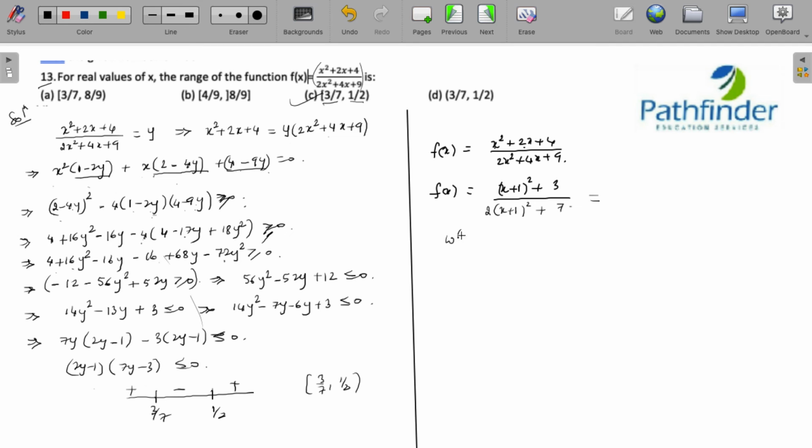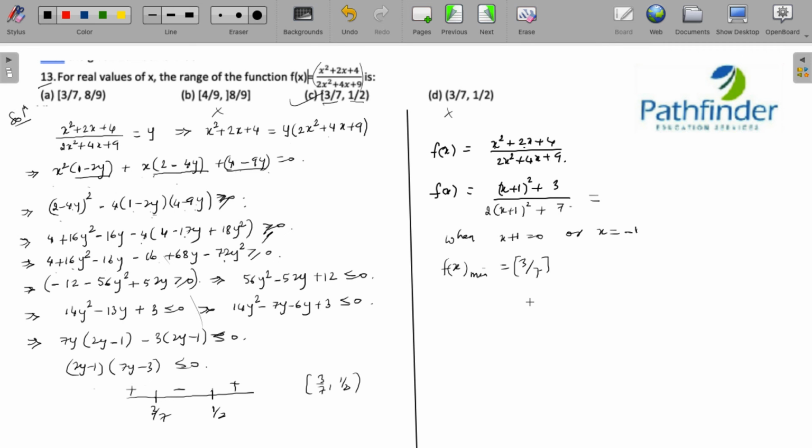So f(x) will have minimum value of 3 by 7. And I would have got the answer on the basis of this alone, because there is one closed interval, and so I will eliminate D and B. So 3 by 7 is the smallest value. What about the largest value?